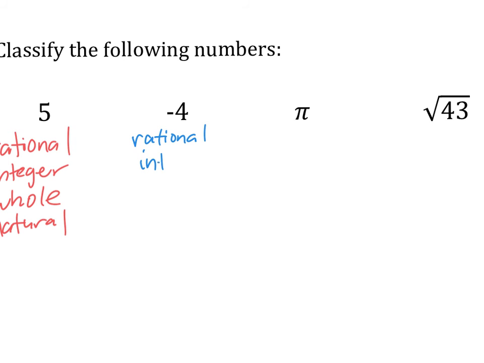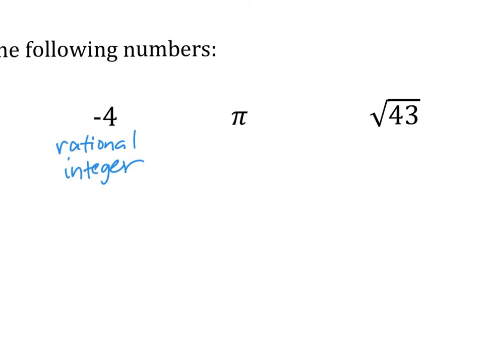Then is it a whole number? It's not, because it's negative. So -4 is just rational and an integer. All right, let's look at pi here. Pi is one of our examples of an irrational number. We know that right away. And that's it. Once it's irrational, there are no other classifications.